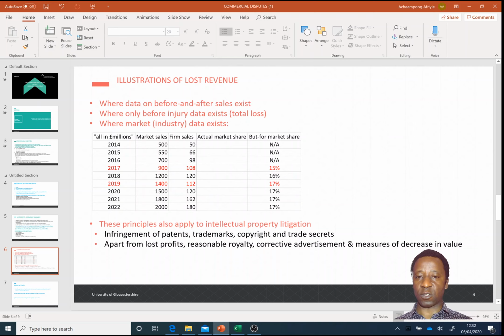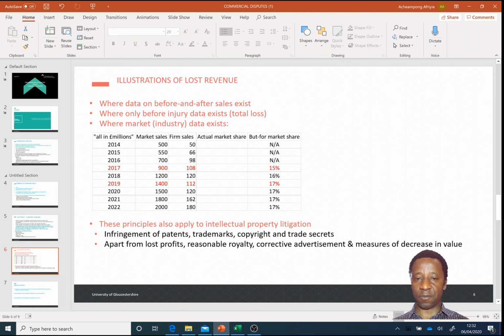These concepts also come up when you're looking at various claims that relate to intellectual property litigation. So if there's been infringement of somebody's patent or copyright or trade secrets, then we will be looking at a but-for situation, right? And there may be ill-gotten wealth there.